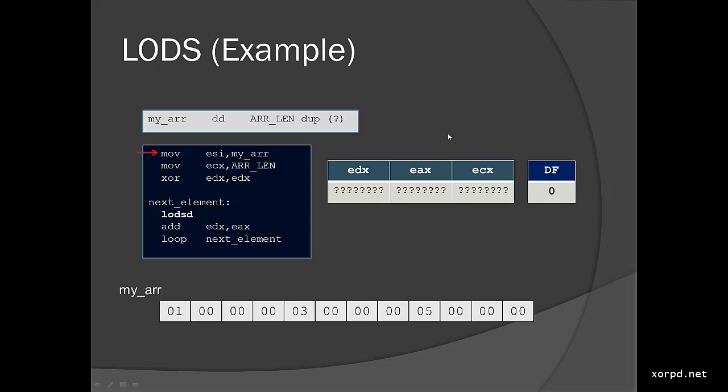So let's begin. First we load ESI to be the beginning of myArray. I draw it like this. ESI points to the first cell in the array. Next we move rlen into ECX. So ECX is going to count the amount of iterations of this loop that we can see here.